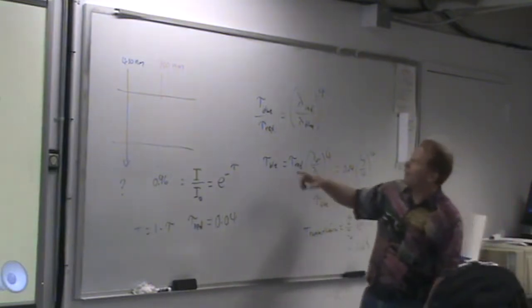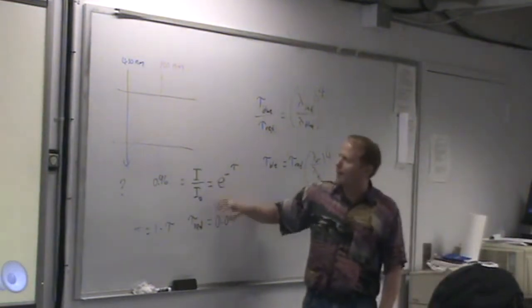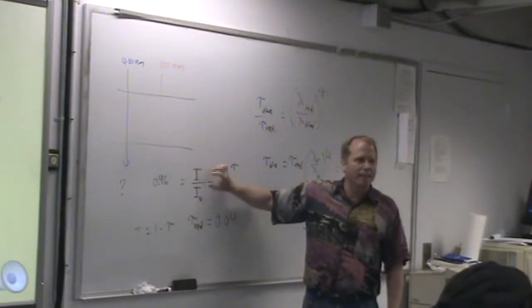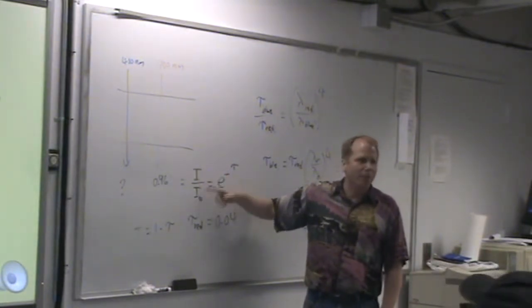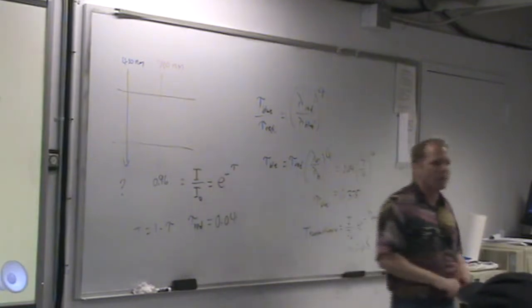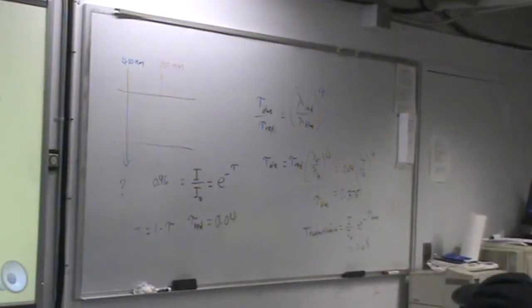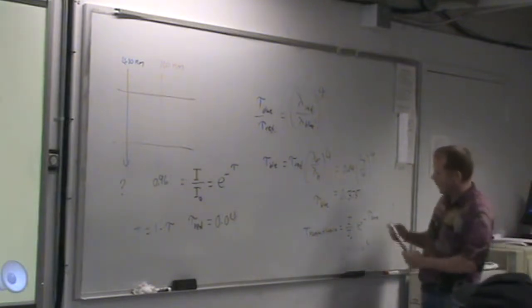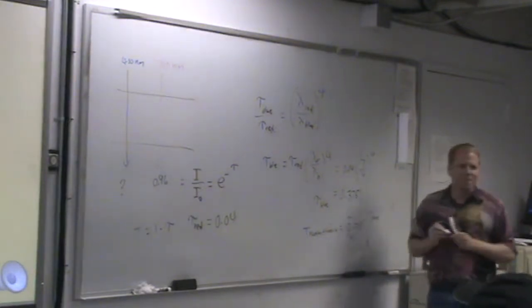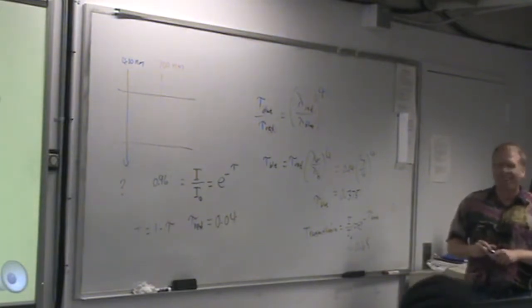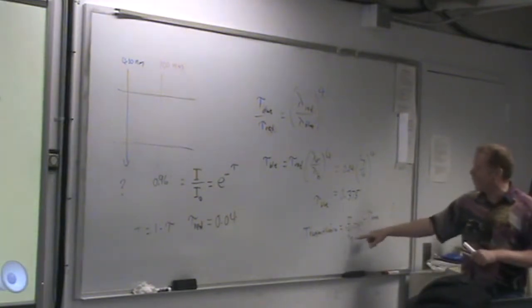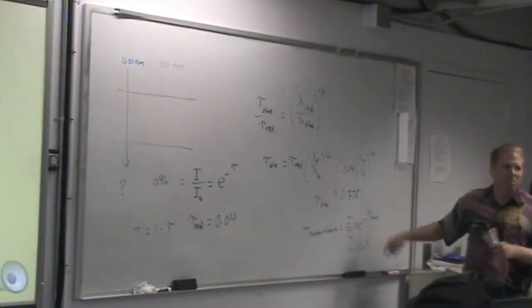In this formula, because we have I over I0, if we're talking about transmittance, that is I over I0. You don't have to know I or I0, you just need to know you're looking for the ratio. Yes, thank you. Very important. It's not I over I0 times this, I over I0 equals this.